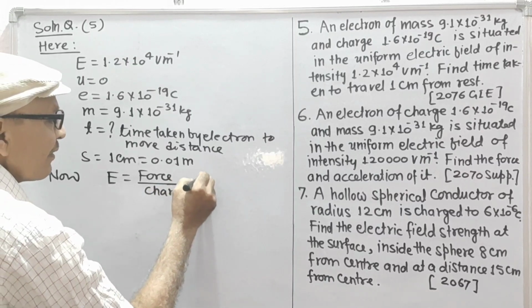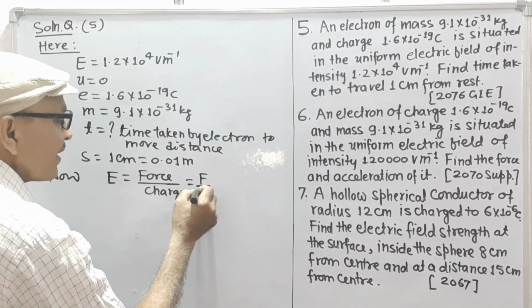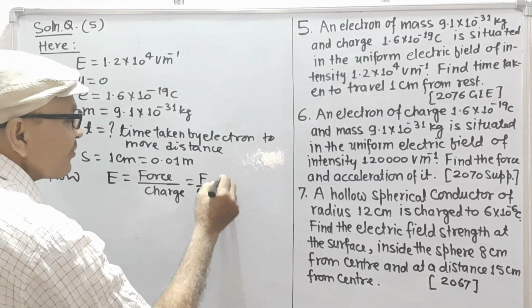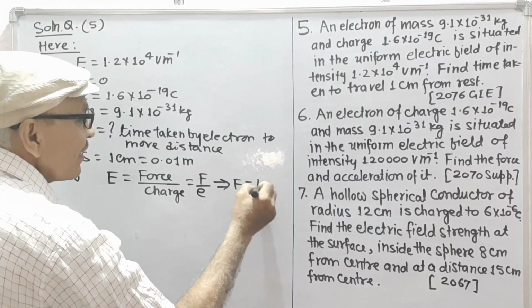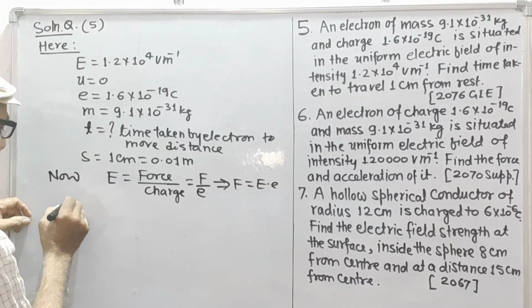Therefore E will be equal to F upon charge of electron, which is e, which means F is equal to E into e.